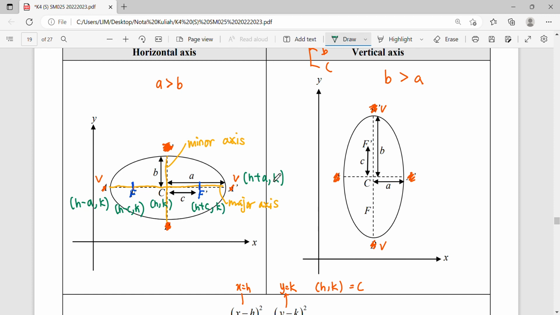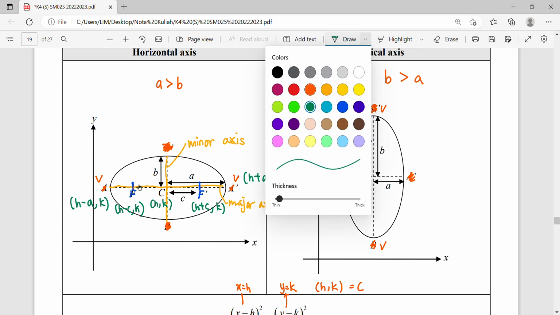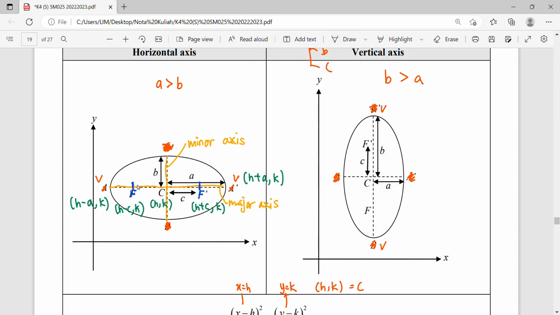Alright, then we can find the length of axis. This major axis, the length will be a plus a. So length of major axis equals to 2a. Meanwhile, for minor axis, it is equal to 2b.